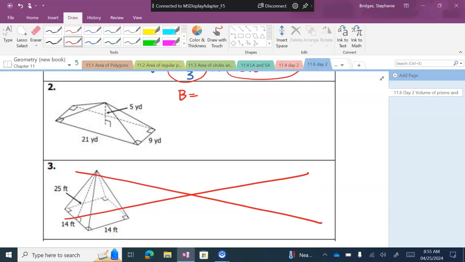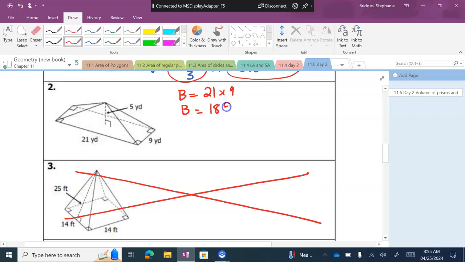What are the length and the width of my rectangular base? Okay, length and width of my base, what two numbers? 21 and 9, so we're going to multiply 21 times 9.